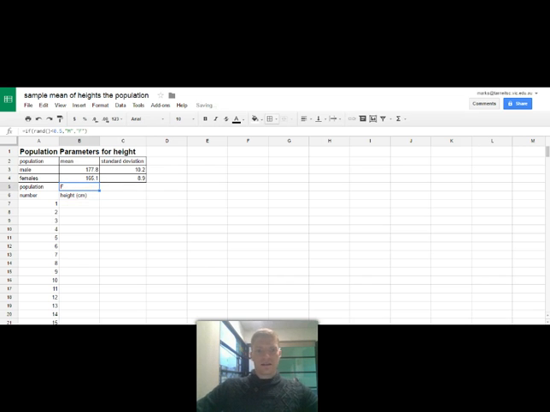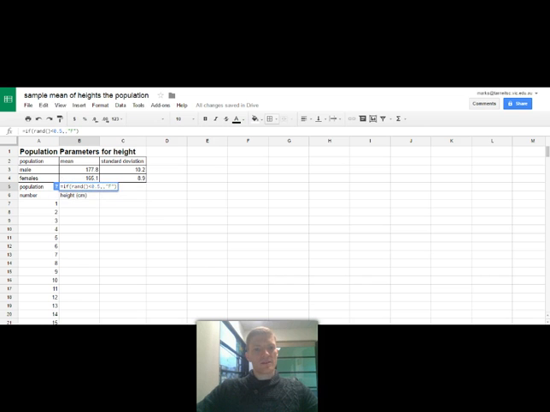That allows us to say we've got some males, we've got some females, and that randomly generates every time I recalculate the sheet. Now, instead of using male and females in our formula, let's assign a height.